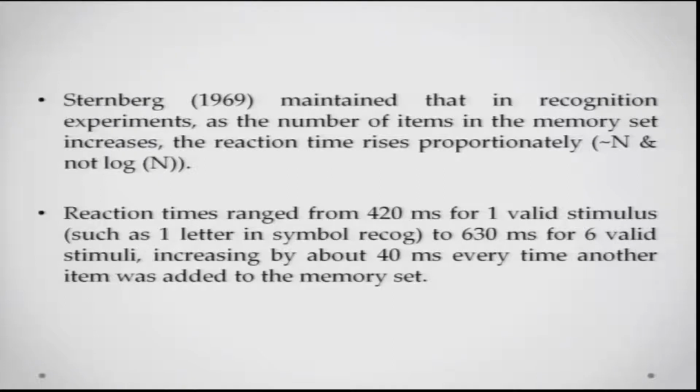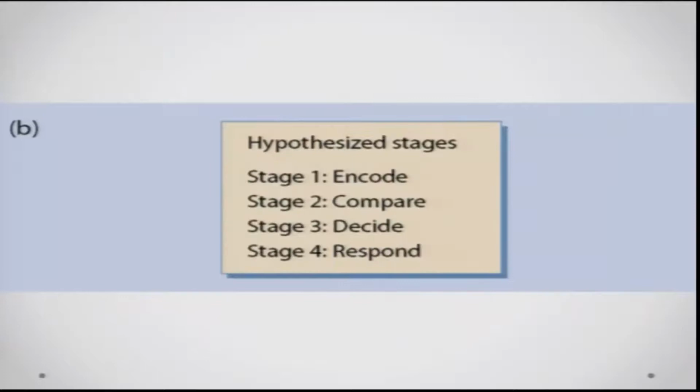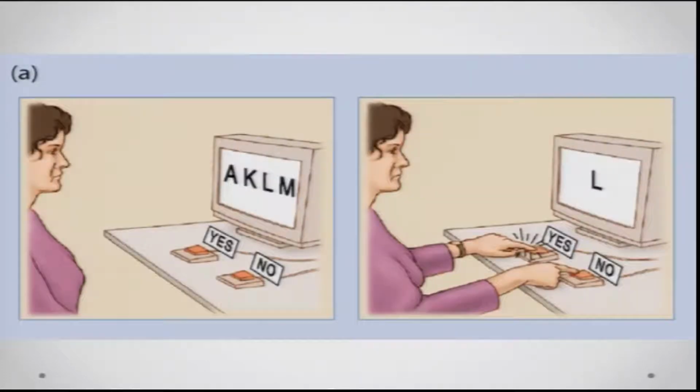So, basically the reaction times were increasing by almost 40 milliseconds every time you increased the number of stimuli in the set. So, this was the setup. For example, you have to just recognize L in a panel of 4 letters versus if you have to recognize L in a panel of 6 or 7 letters.